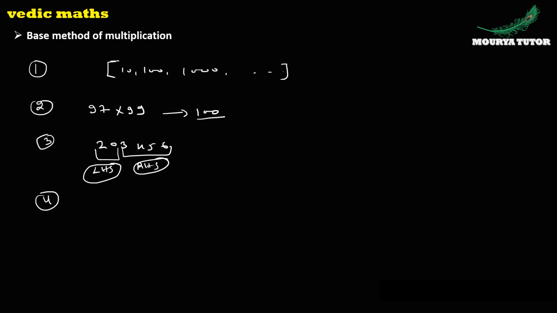In this case, the number of digits in the RHS can vary. It can be 1, it can be 2, it can be 3, right? But then how do you decide how many digits should be in the RHS part? For that, we need to see the base.